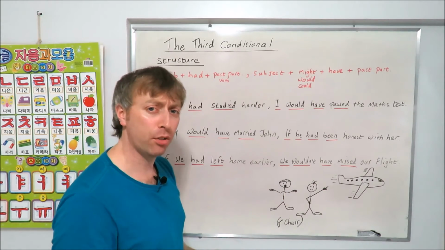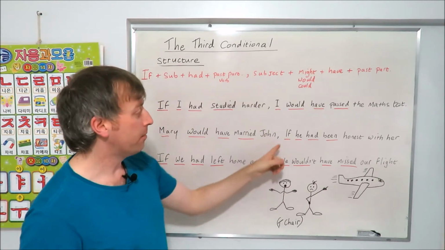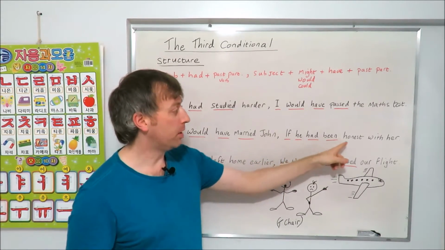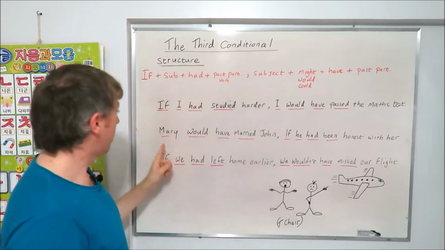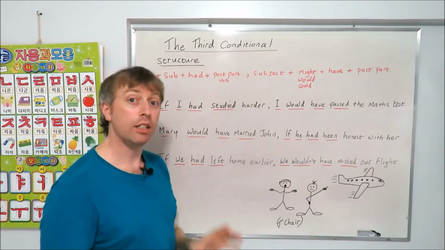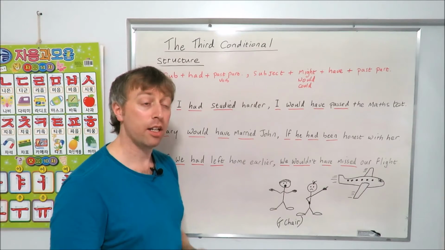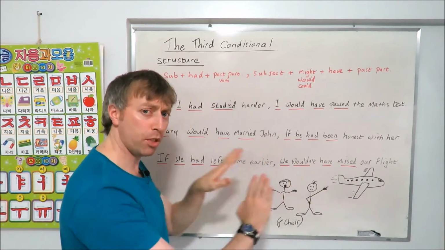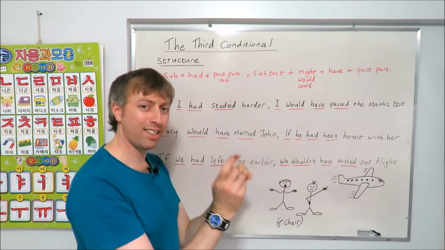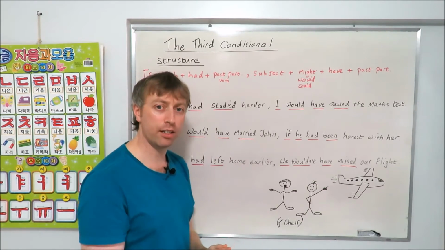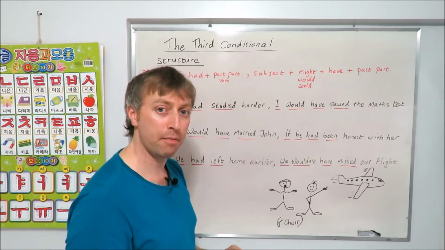So we need to modify it slightly. We need to say, if John had been honest with Mary, she would have married him. Now it makes sense. So be careful. Sometimes when we switch the clauses, we have to slightly modify the sentence in order for it to make sense.